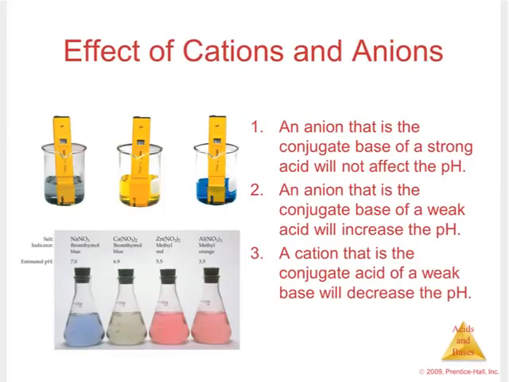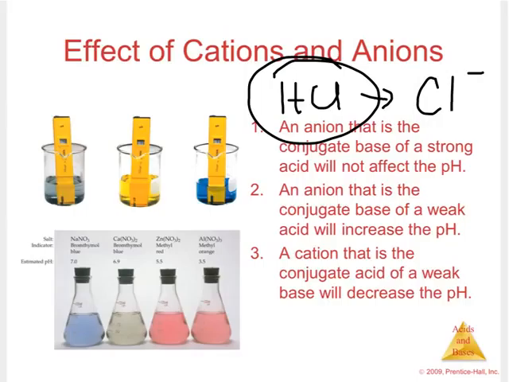So a few rules to keep in mind. The first one is that the anion, that's the conjugate base of a strong acid, will not affect the pH. In other words, if we're talking about a strong acid like HCl, hydrochloric acid, the conjugate base of that is going to be the chloride ion. And since this is a strong acid, the conjugate base will be negligible in terms of pH, so it's not going to affect the pH.